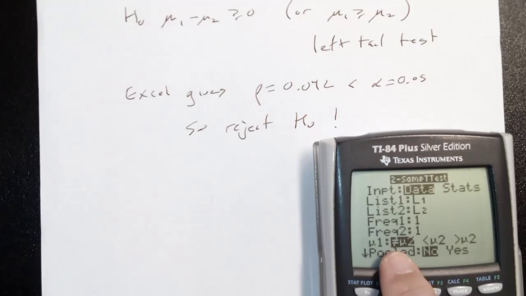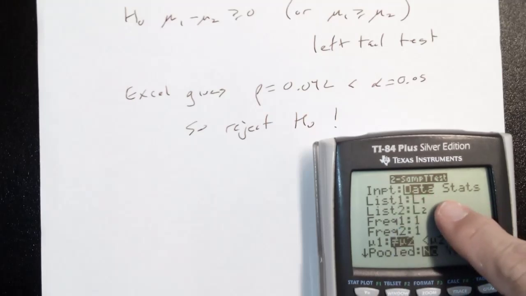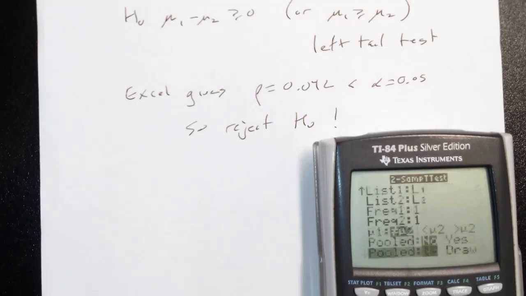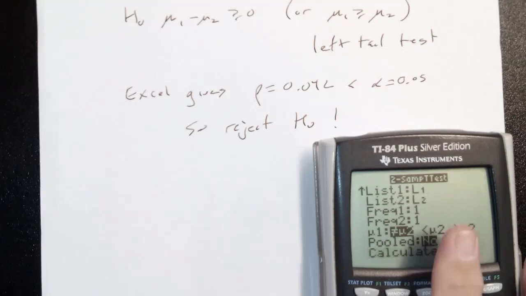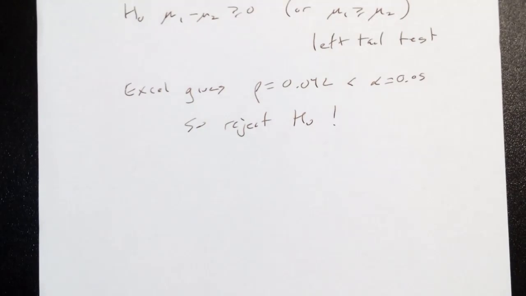Whether we want it two-tail, left tail, or right tail, whether we're doing pooled variances or not, whether we're using the data in our lists or whether we're doing the summary statistics. And then we just tell it to calculate. If I put all those 11 numbers in list 1 for the seniors and 11 numbers in list 2 for the freshmen, I can do that entire thing here. I like my calculator.